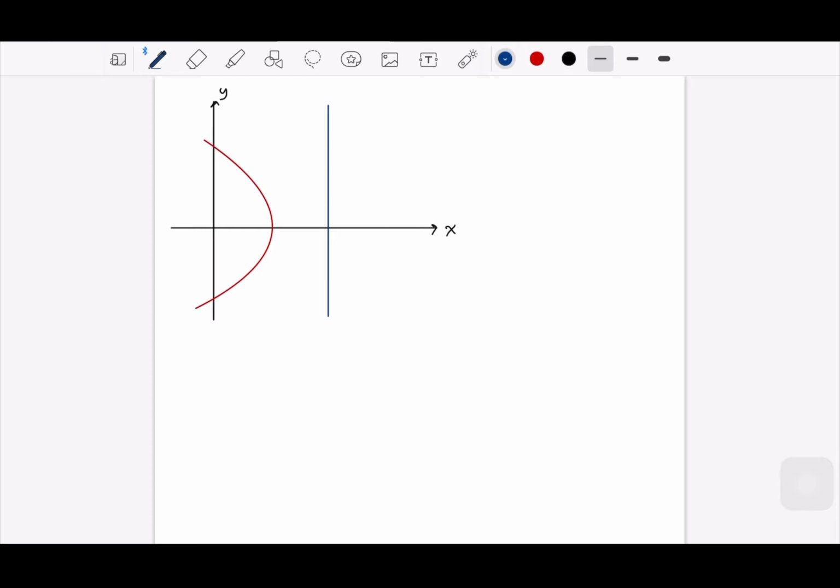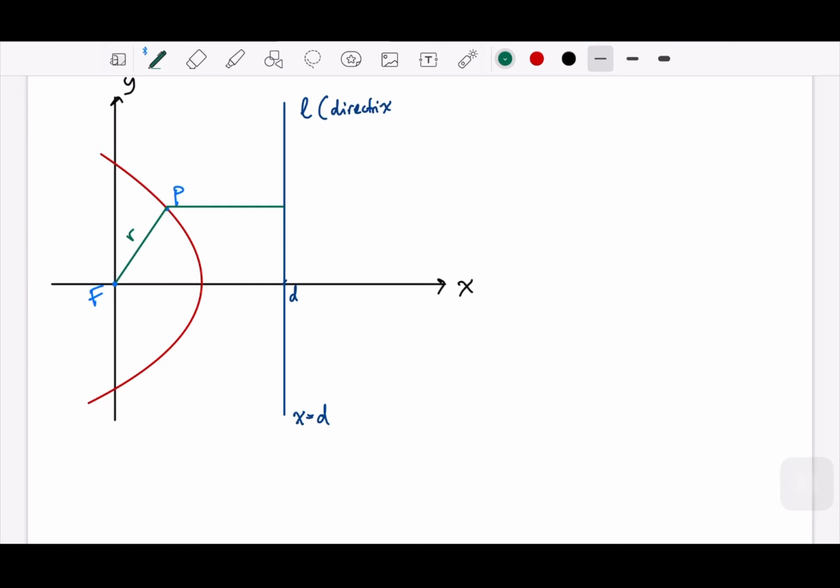This will be P. And let me write this as the radius r. And then we can write theta in between the x-axis and the r.